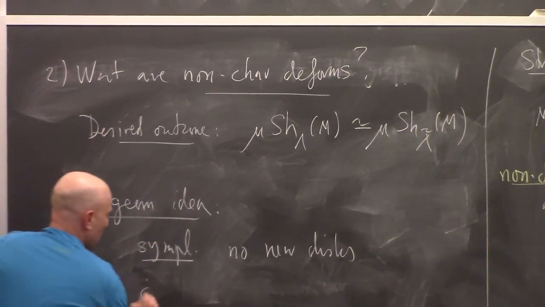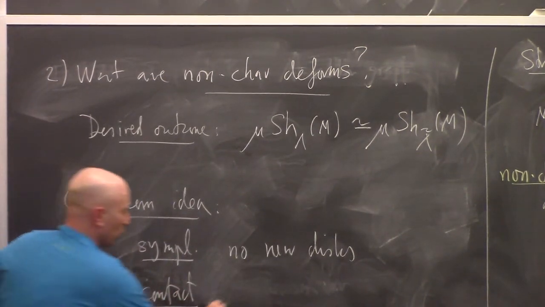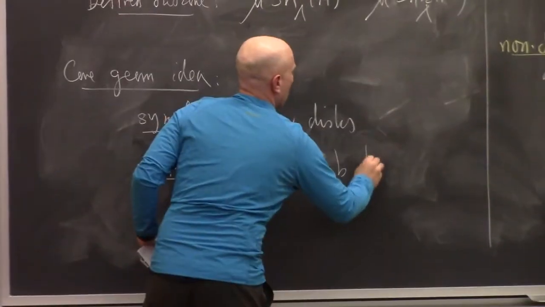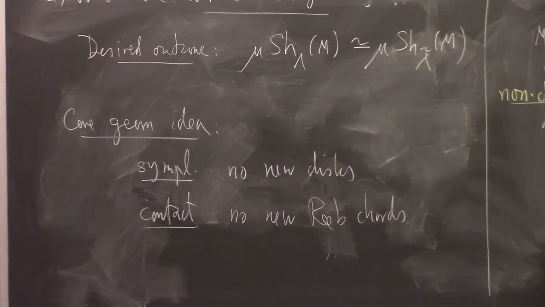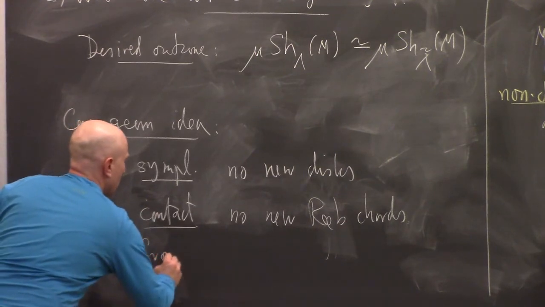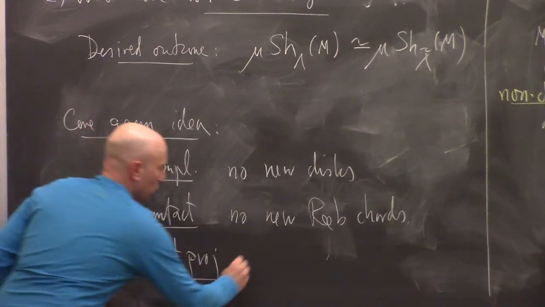But let's just continue to translate this. In the contact setting, what you want are no new Reeb chords, which is still not close enough to traditional topology to make sense or to be easy to work with. But if you go all the way down to a front projection, then what you want are no new geodesics.